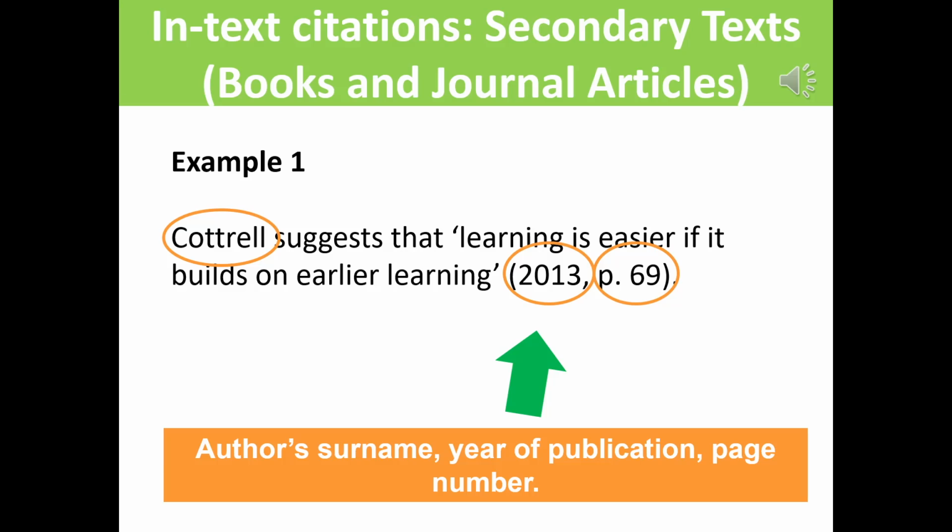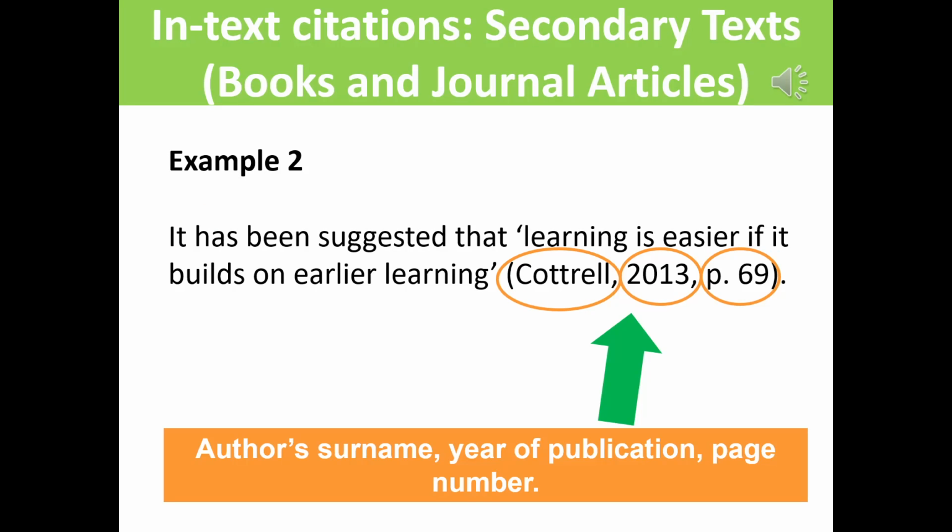I can just give the year of publication and the page number. And you can see how this is formatted. Again, it comes immediately after the quote. You give the year of publication first, followed by a bracket, and then P dot and the page number. And then if this is the end of your sentence, remember the full stop comes outside of the brackets.